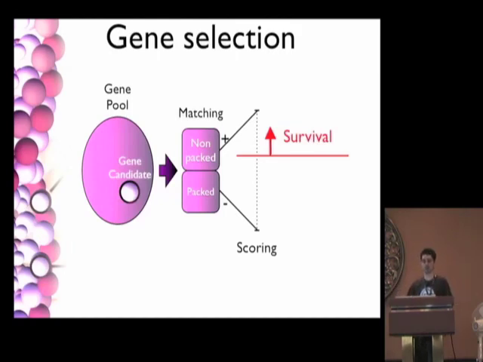If a pattern gets a lot of occurrences on a non-packed binary and zero inside a packed binary, it looks like a good gene, so it survives. If another pattern has a lot of hits on non-packed but also a lot on packed, it gives me no information.